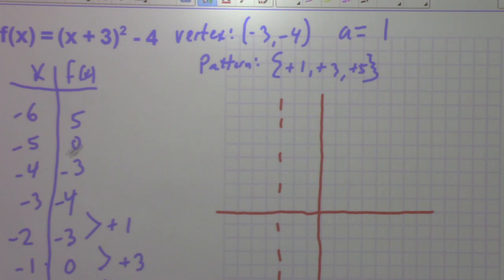And then we just go ahead and sketch these in. We have our vertex here, and then we can go +1, +3, +5, and over here +1, +3, +5. So there it is. So you've taken this parabola that was right here, and just shifted it 3 to the left and 4 down, as Angel told us, okay?